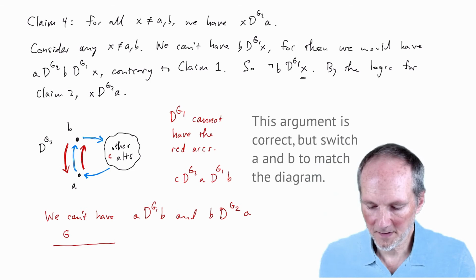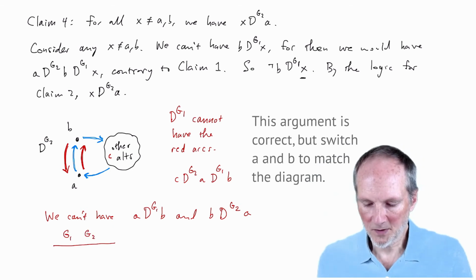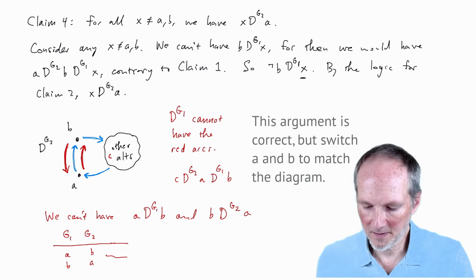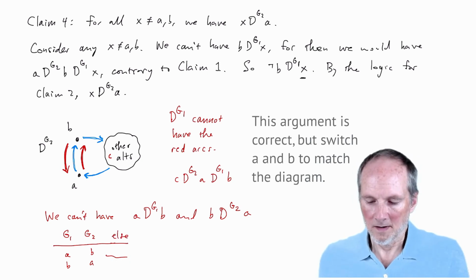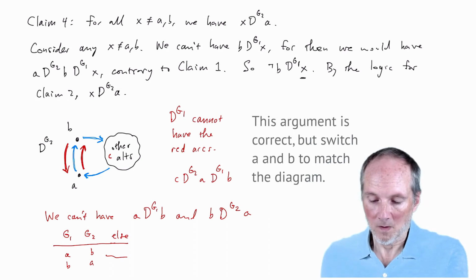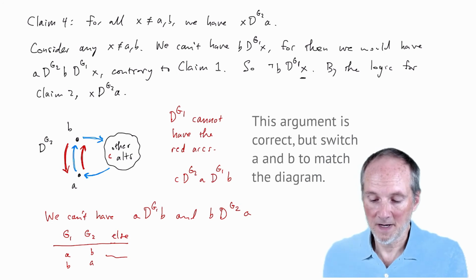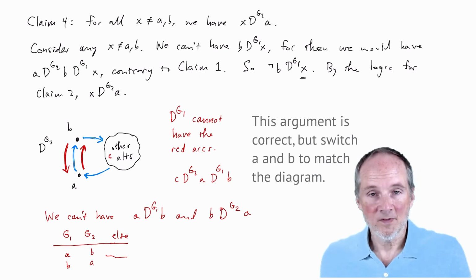Suppose you have a profile where G1 all prefer A to B, and the guys in G2 prefer B to A. I don't care about the other guys, right? If the decisiveness arcs of G1 and G2 went in opposite directions between A and B, we would have a problem for this profile, right?